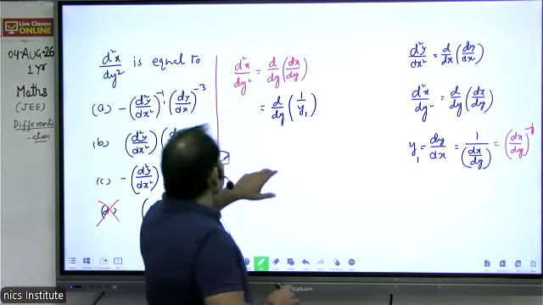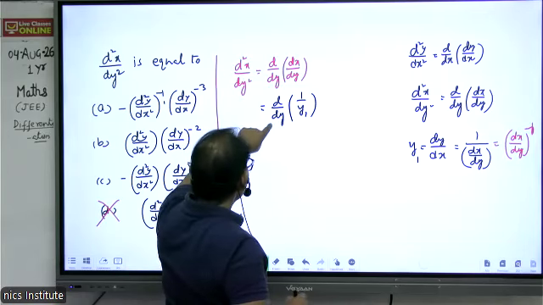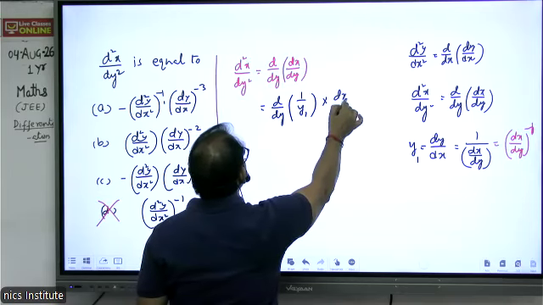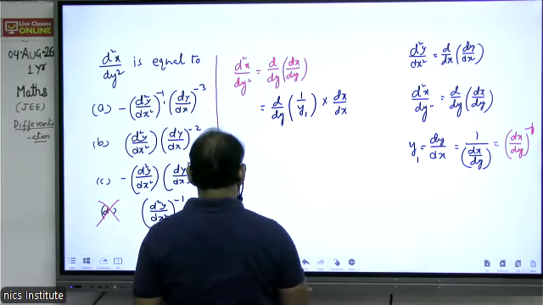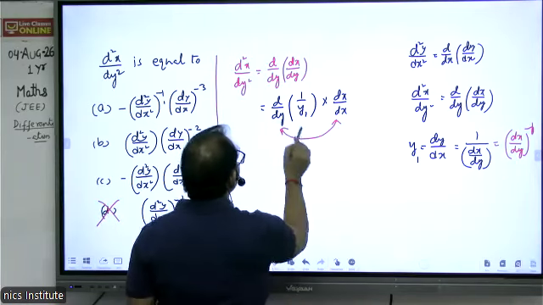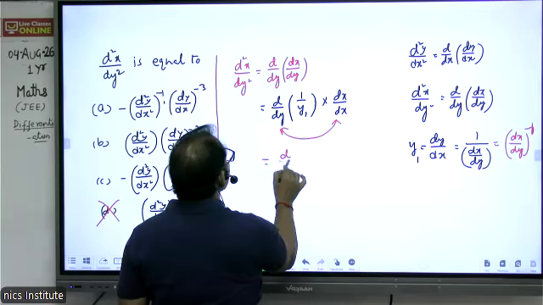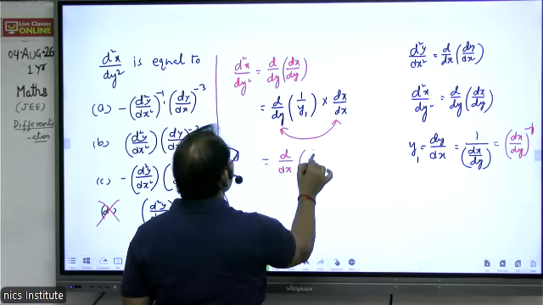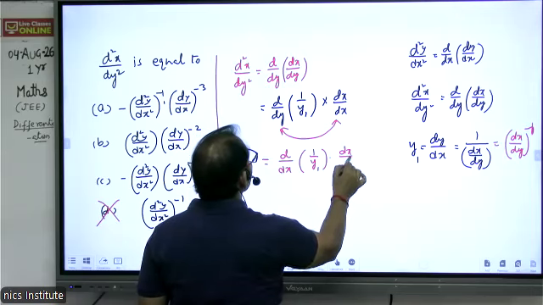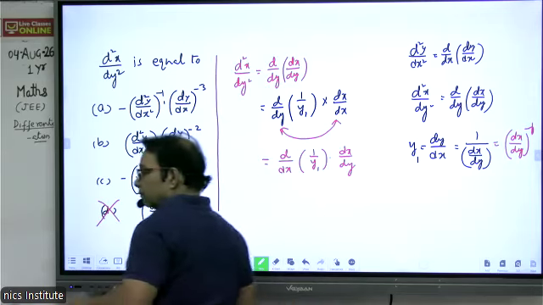The problem is I want to differentiate y1 with respect to x, not with respect to y. So what I do, I multiply by dx and divide by dx, right? And then interchange these two. So it will be d by dx of 1 by y1, and this is dx by dy. Is it fine?